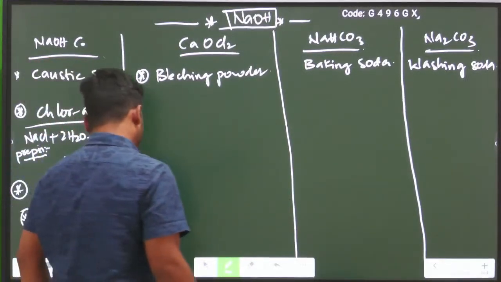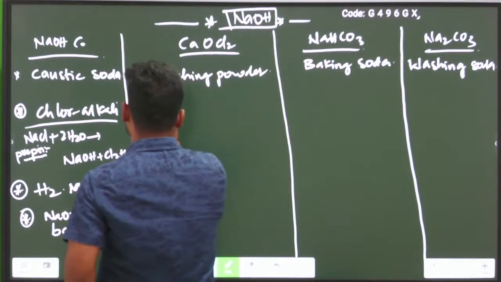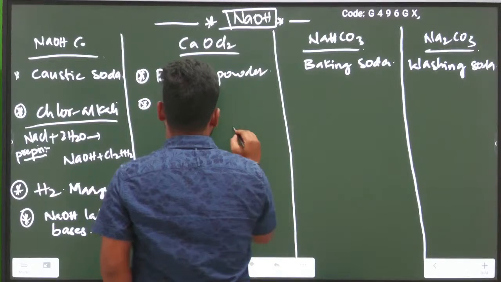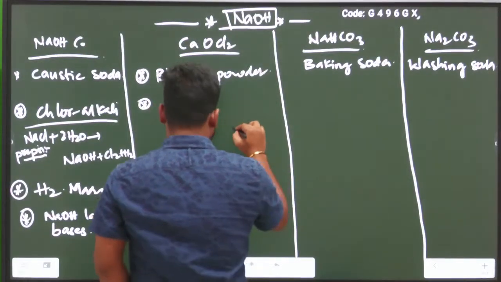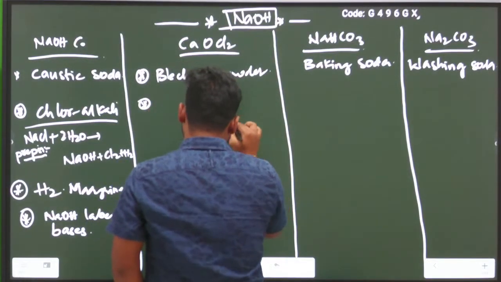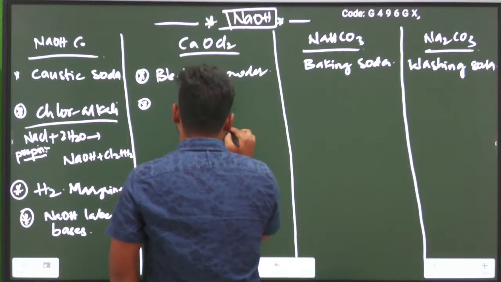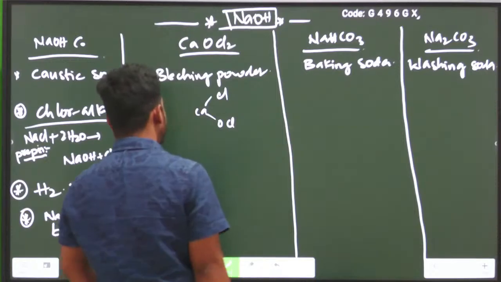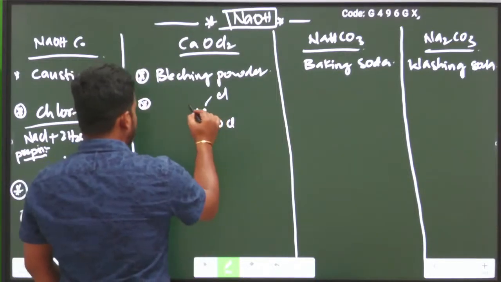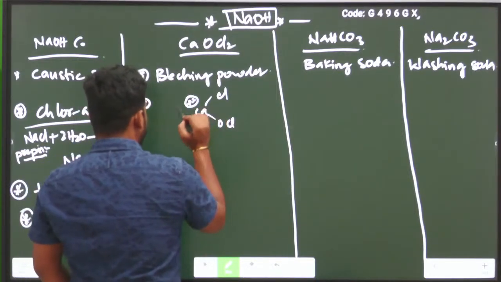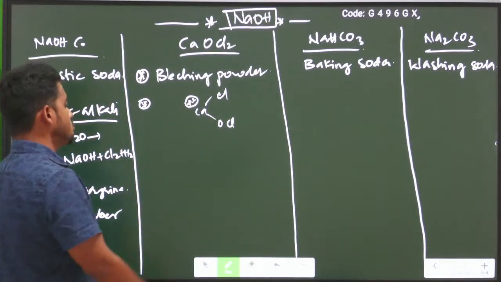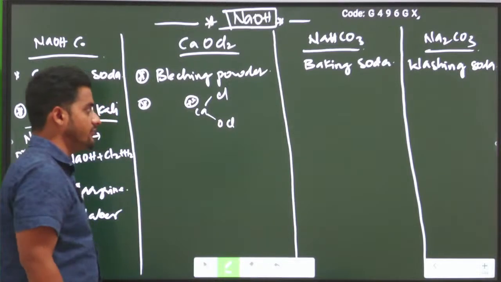And next coming to this bleaching powder. This bleaching powder, if you take this, it has its structure in this way. Okay, OCl. So Ca is being bonded. This Ca, if it loses 2 electrons, it gets the configuration of argon.